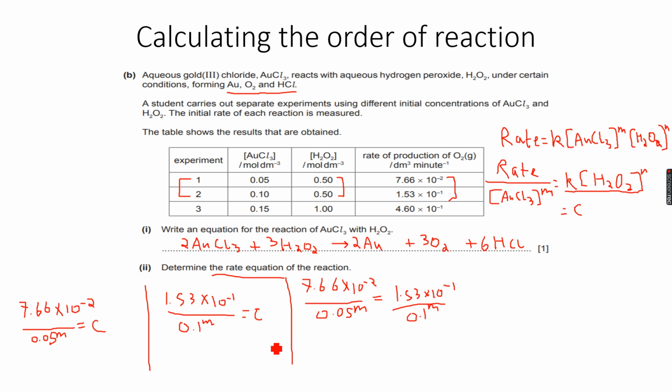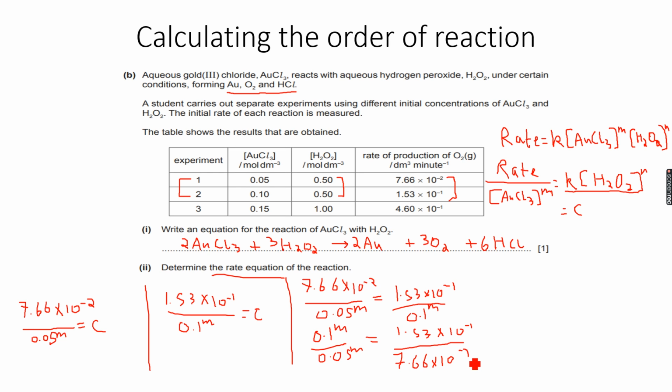So now I can calculate m, because I can keep both the m terms on one side. So this becomes 0.1 to the power of m over 0.05 to the power of m is equal to 1.53 into 10 to the power of minus 1 over 7.66 into 10 to the power of minus 2.